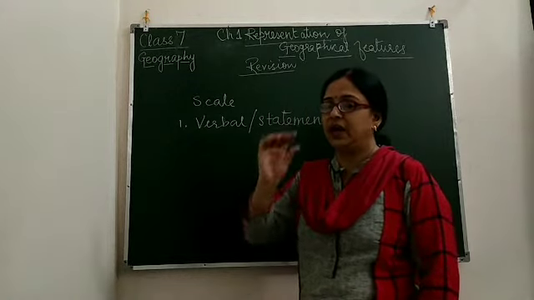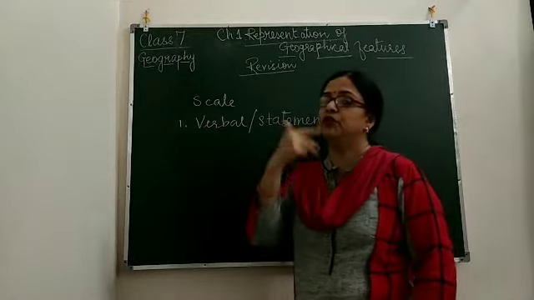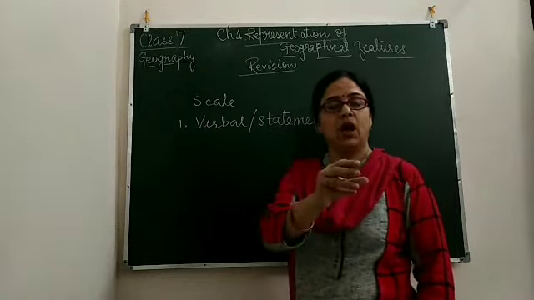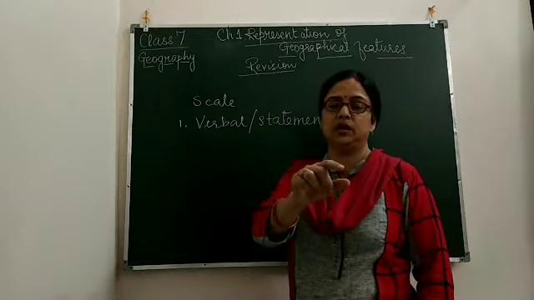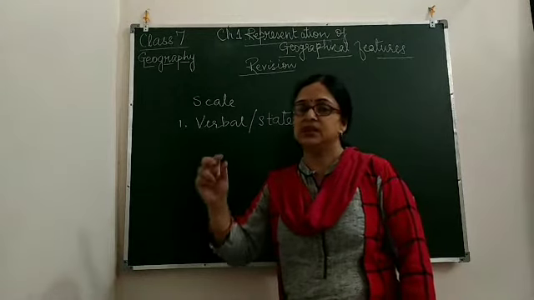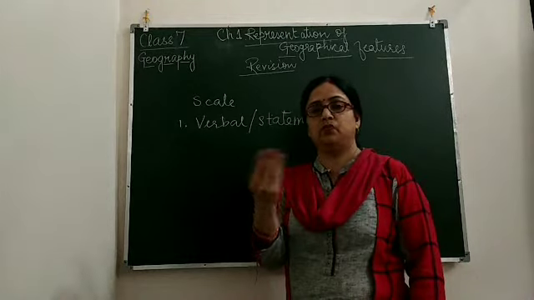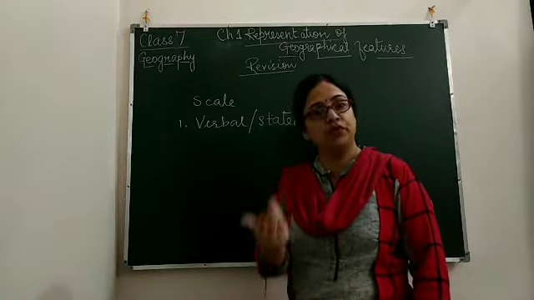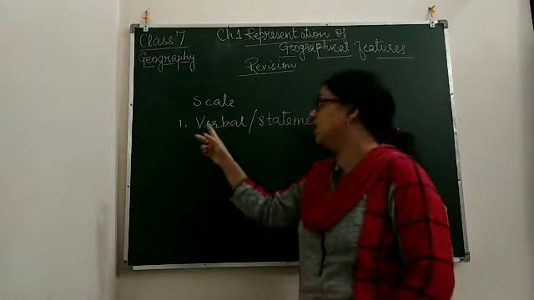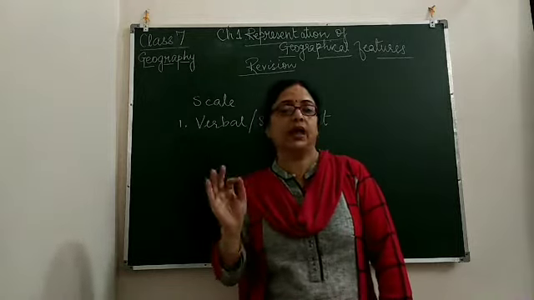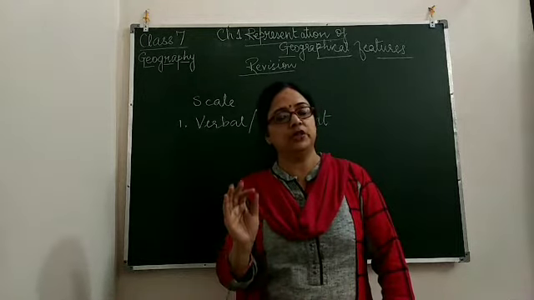What we verbally say, what we orally say, for example that the ground distance of 2 kilometer is representing 1 centimeter on the map. What we state is the verbal or the statement scale. It is not an accurate method of measuring scale.